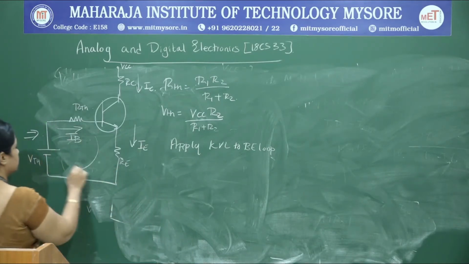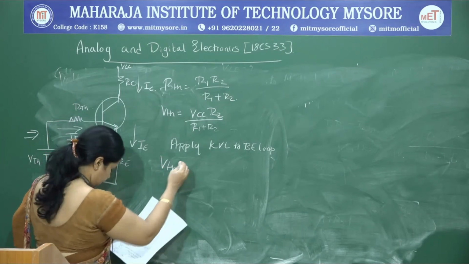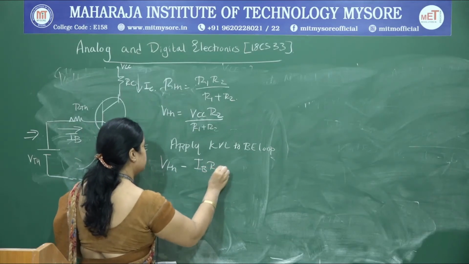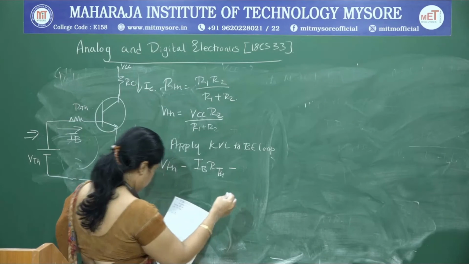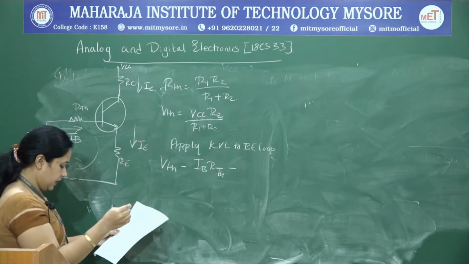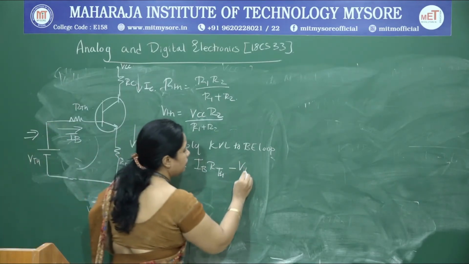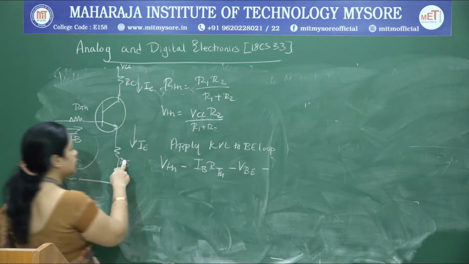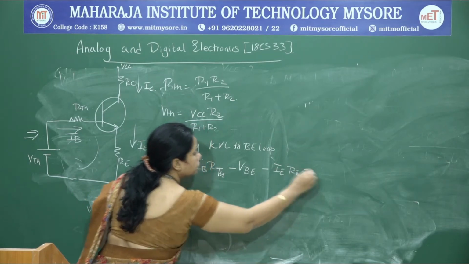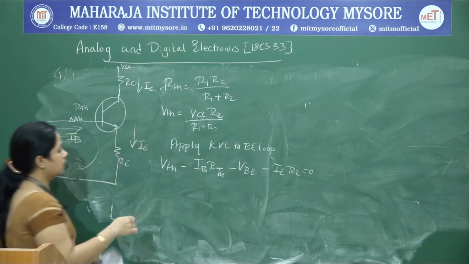We have V Thevenin minus IB into R Thevenin minus, here the current is IB, the junction voltage VBE minus the voltage drop across RE, which is IE into RE, which is equal to 0. And here, what is IE?